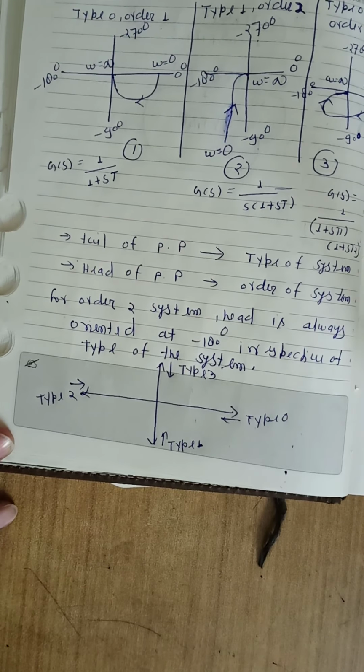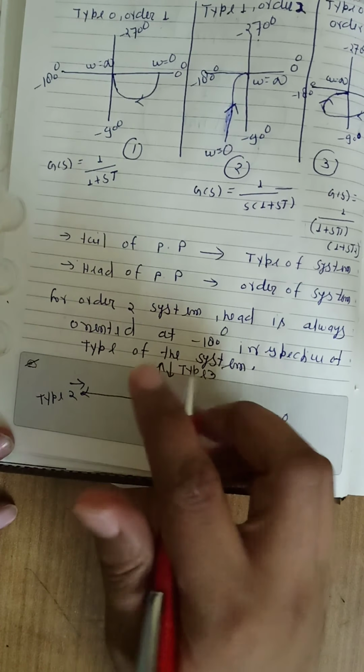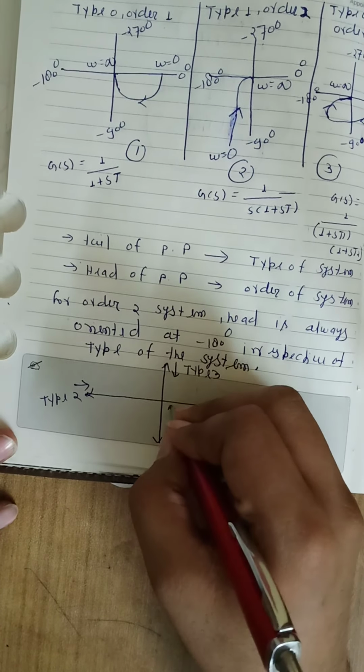Now let us see how we can define the order. This quadrant will define an order 1 system, or you can say fourth quadrant, and this quadrant will define an order 2 system, or you can say third quadrant.